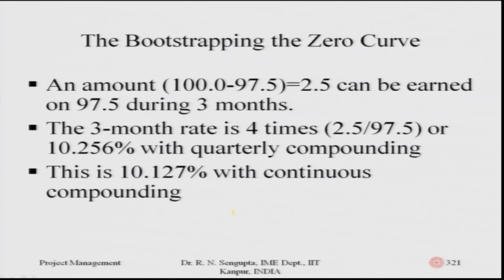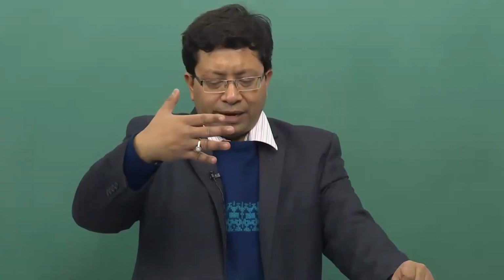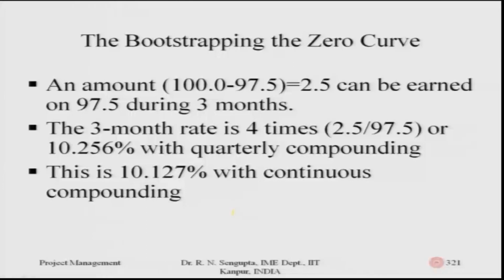Three months means there will be 4 such periods in a year. So, it will be 4 multiplied by 2.5 divided by 97.5. Where am I getting 2.5? Based on 97.5, once in a 3-month period. How many 3-month periods are there in a year? 4 times. Hence it is 4 multiplied by 2.5 divided by 97.5, and the interest rate is 10.256 with the compounding happening on a quarterly basis.